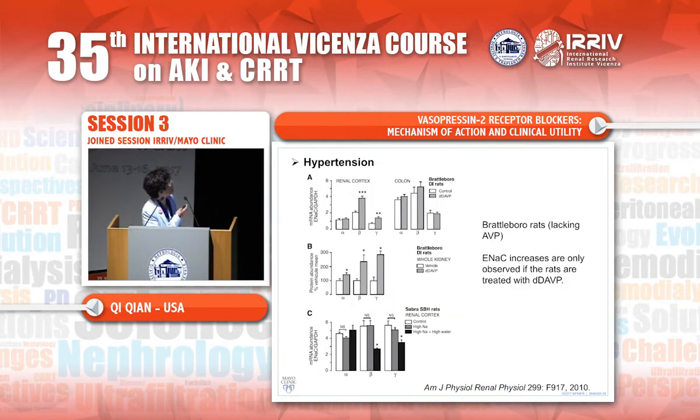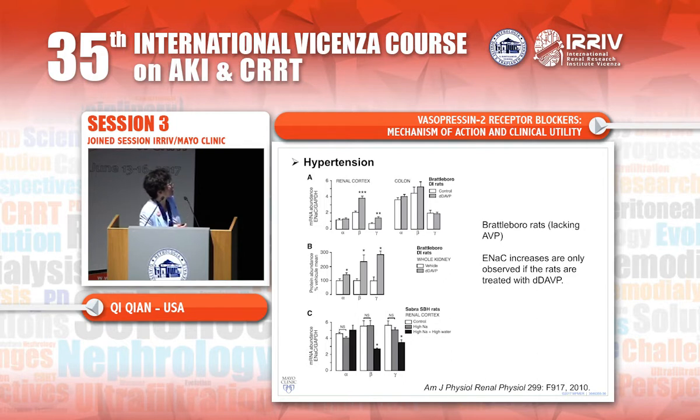With regard to hypertension, it is very well known that AVP through V2 receptor action could trigger salt-sensitive hypertension. This is, again, rats lacking AVP versus normal rats. If you give the AVP-lacking rats the V2 receptor agonist DDAVP, there's a significant upregulation of ENaC.